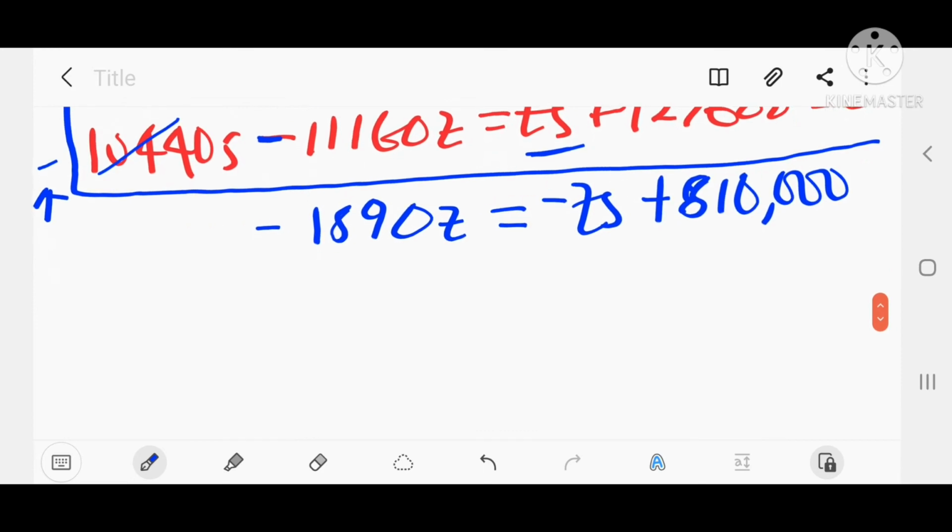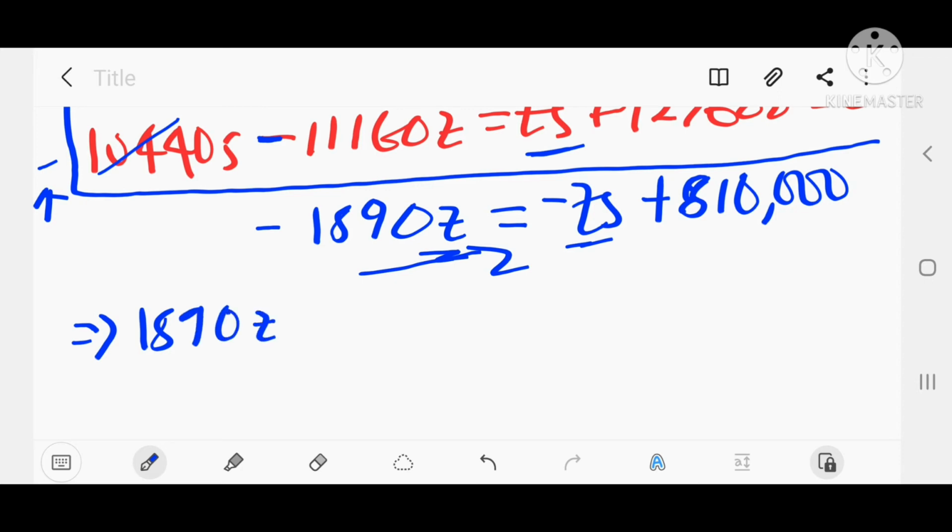Okay, so we try to bring the like terms together. Taking the negative 1,890z to the other side, we have 1890z minus zs.